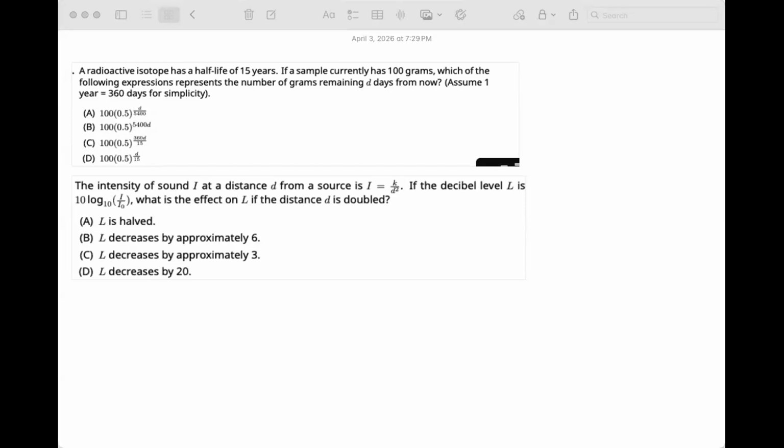Something feels wrong. Let me see. See, the distance is doubled.